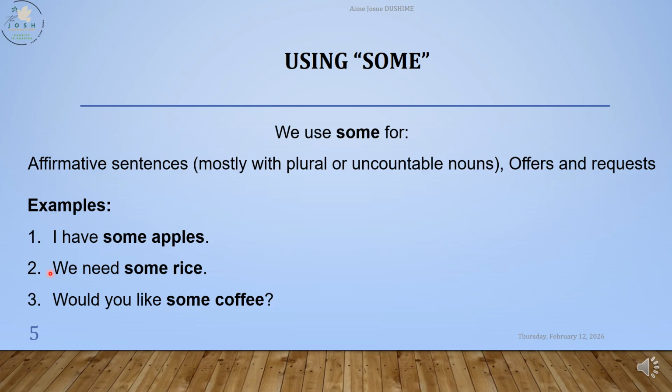You see I'm using it for positive. I have some apples. We need some rice. Either countable or uncountable. And here the reason I'm using some is because it is an offer. Would you like? Remember we learned the use of would you like and I'd like. When I use I'd like, I put some. When I say would you like, I use some.